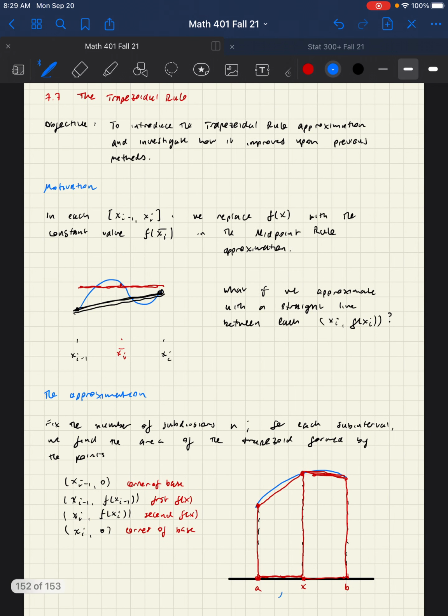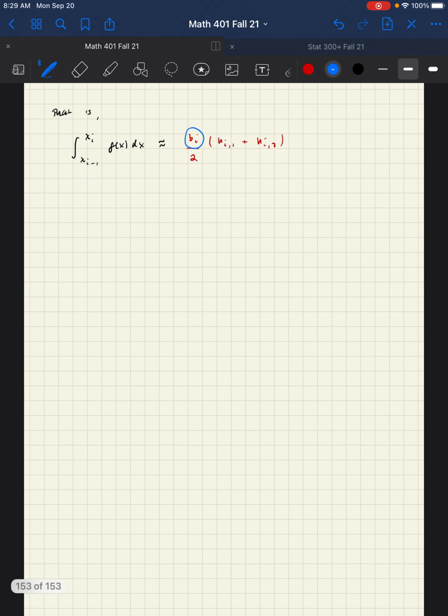And really what we're saying here is the base is the base length of that trapezoid, which is delta x, right? By definition, that's how we set up these subintervals. This is delta x. This is f of x sub i minus 1, and this is f of x sub i.